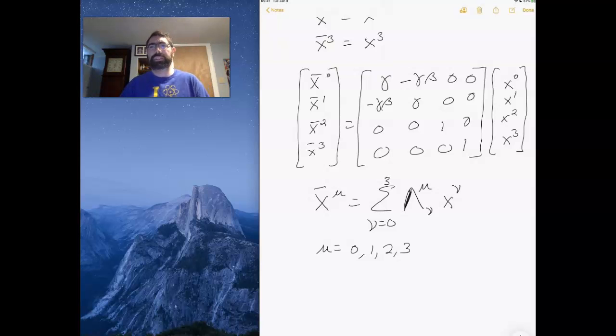So I can pick out each of those dimensions. I can pick out ct if I set mu equal to 0. I can pick out x if I set mu equal to 1. And it's now equal to this. So this matrix is now my Lorentz transformation.